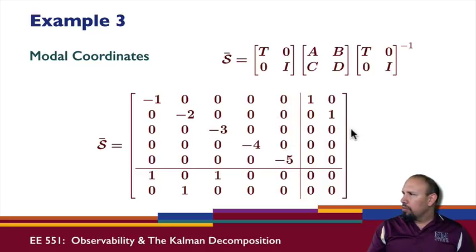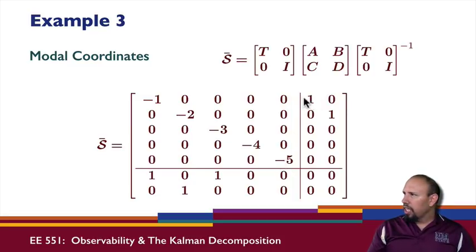Now in terms of controllability, I can see rows of 0, and I can see columns of 0. Every column of 0 in the new C matrix corresponds to unobservability of that mode. So this is observable, that's observable, these two are not observable. So those two are unobservable modes.